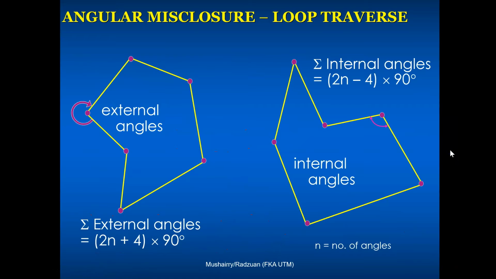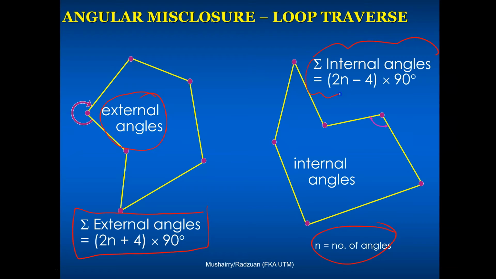Now we have to compare the sum of all the angles that we observed against the theoretical value. If you observe external angles, that's basically what you should get if there's no error. The n represents the number of angles, and there is also a formula for internal angles.